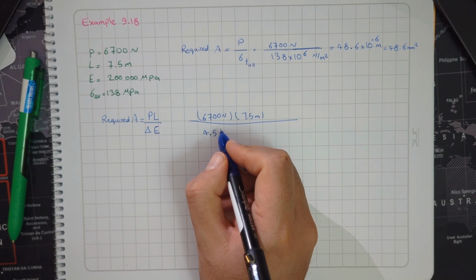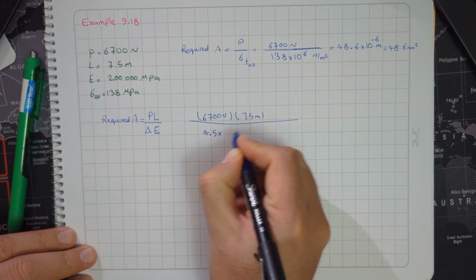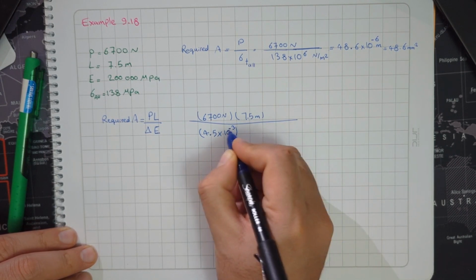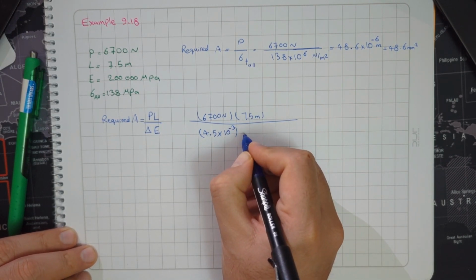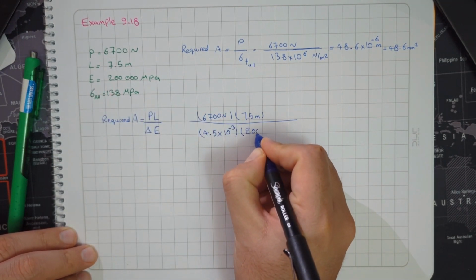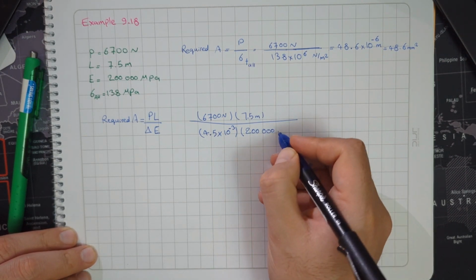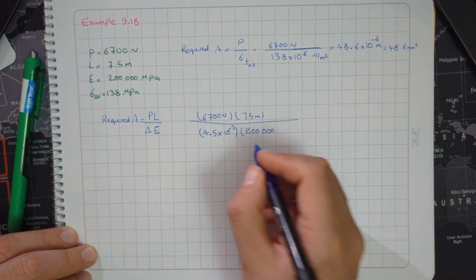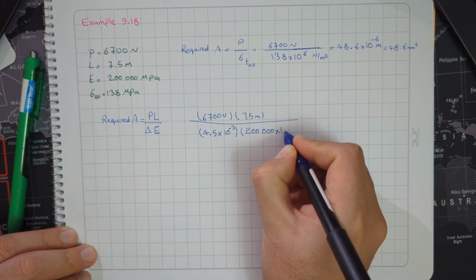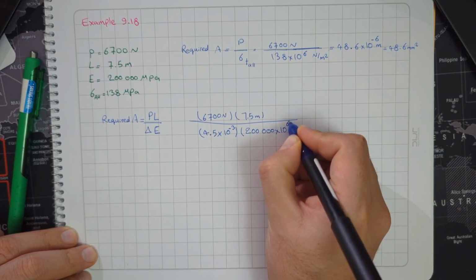4.5 millimeters, but since we have meters in here, I have to change it to meters, and the modulus of elasticity was 200,000. If we want to convert it to megapascal to Newton per meter, we have to convert it to meters.